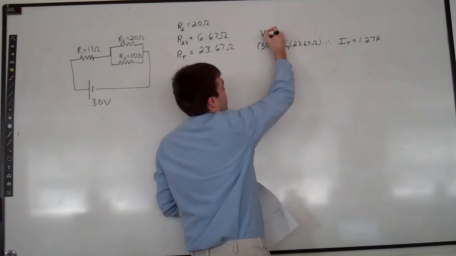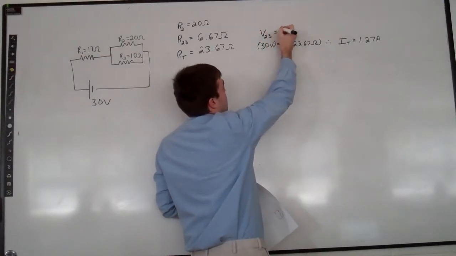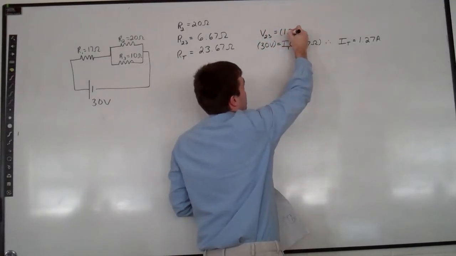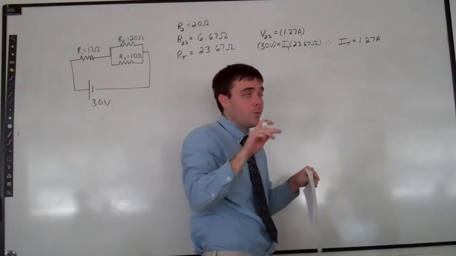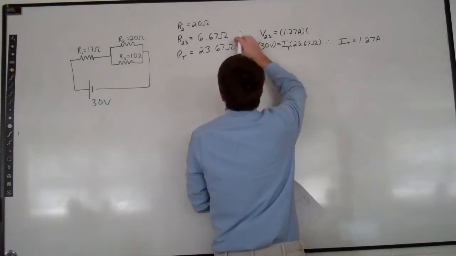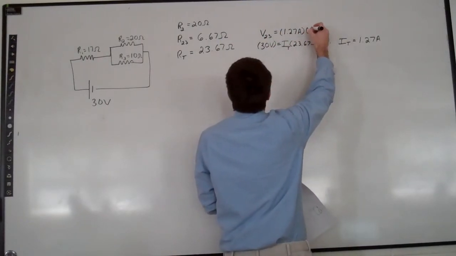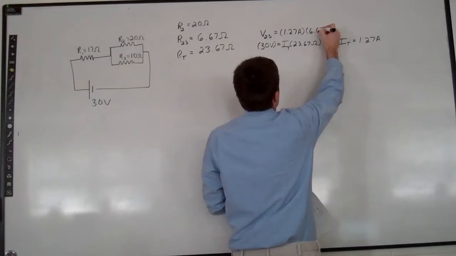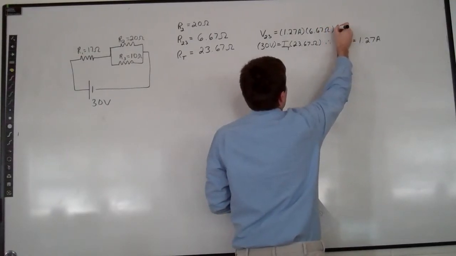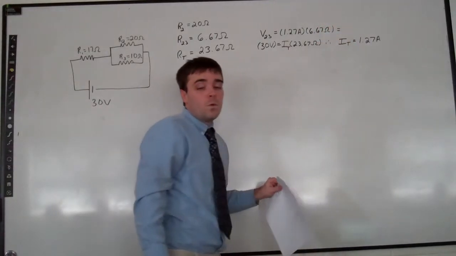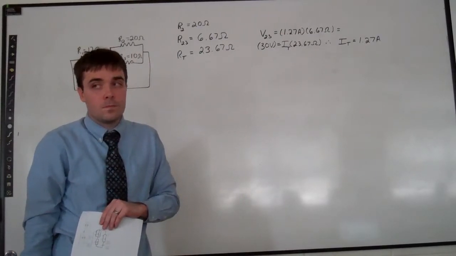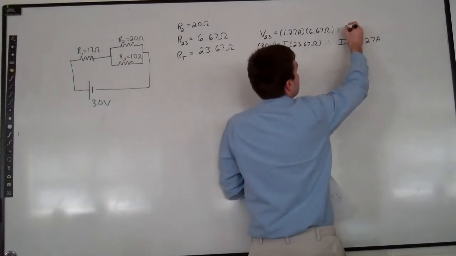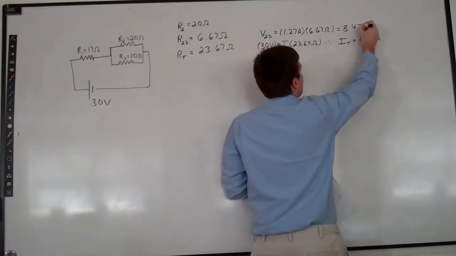So we've got voltage across 2,3 equals 1.27 amps, which is the current going through that whole thing, the current going through both branches, times the resistance of 2,3, which is 6.67 ohms. What do we get when we multiply those two together? 8.47.